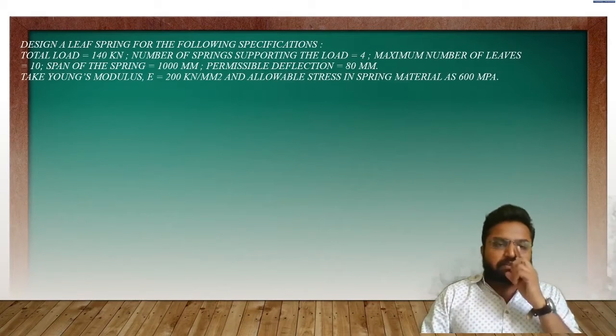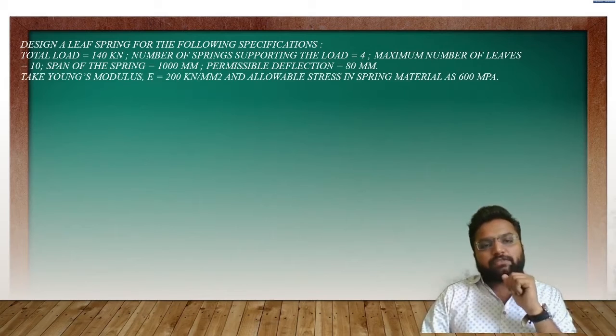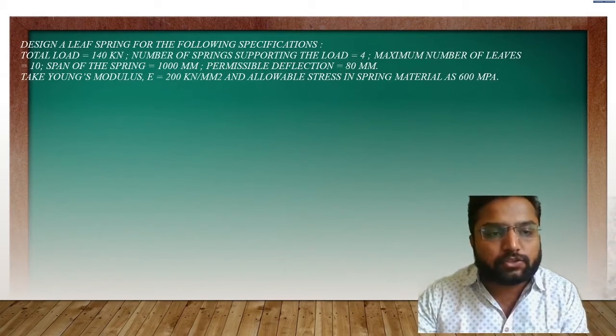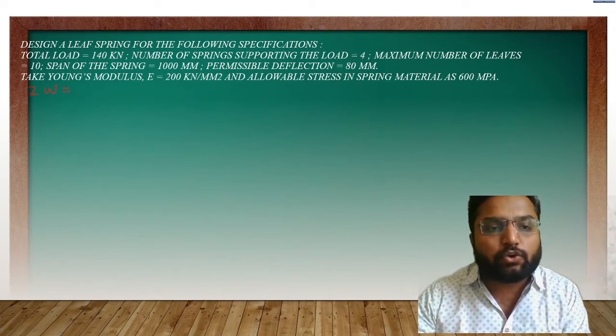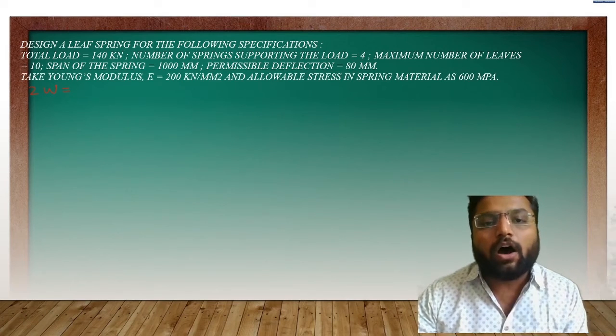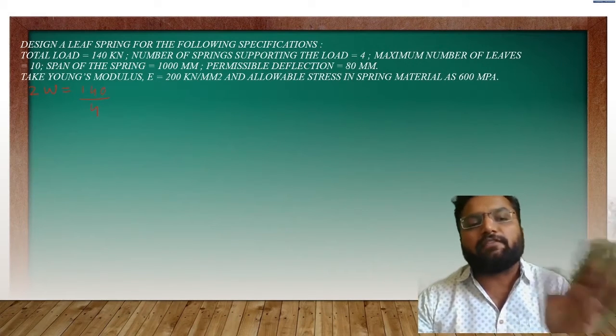Design a leaf spring for the following specification, which has a total load. The total load is 2W, as we have derived in that equation. In this case there are four springs, so the total load will be 140 divided by 4. So 2W will be 140 divided by 4.